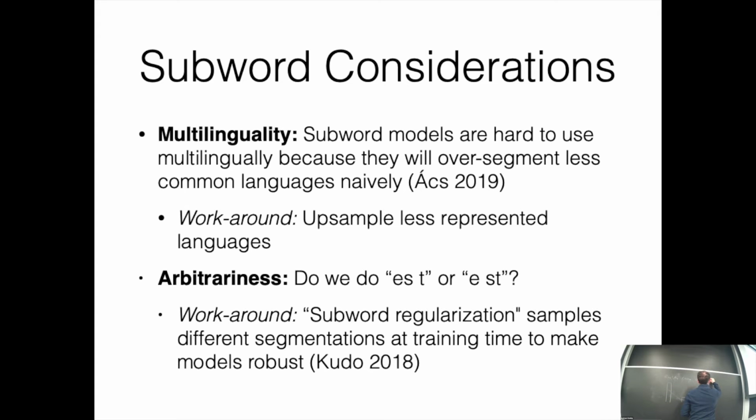So let's say we have Hindi. What you do is you create a different distribution that downweights English a little bit and upweights all of the other languages, so that you get more of the other languages when creating the vocabulary. This is a common workaround that people do.